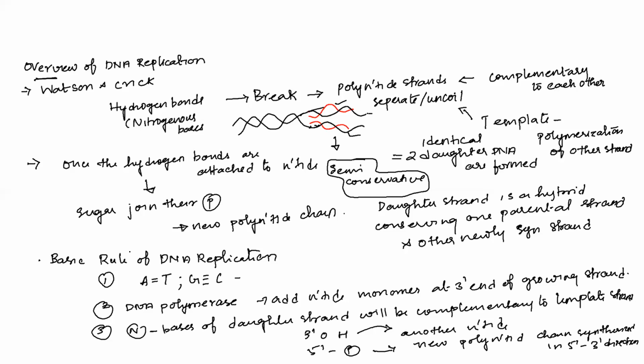Now, talking about the requirements for DNA replication, we'll talk one by one. Let me just write it down here. Requirement of DNA replication. The first one will be the precursor nucleotide molecules.